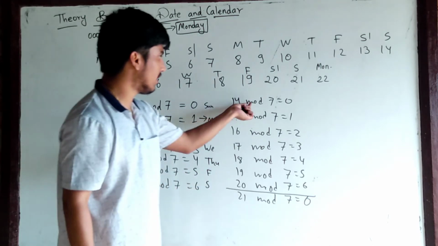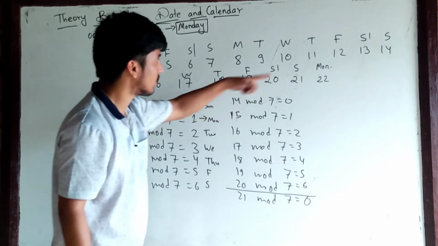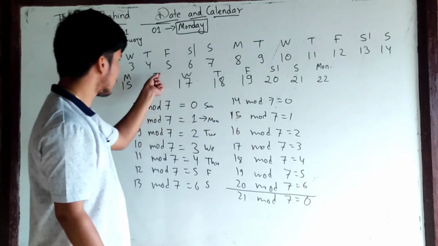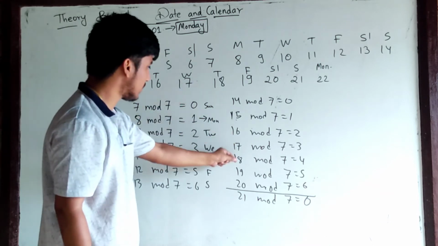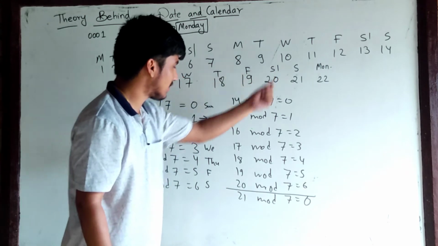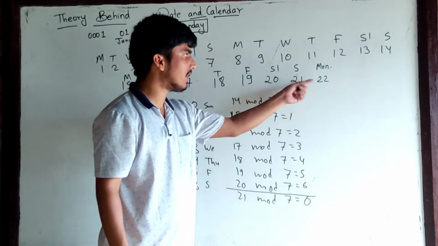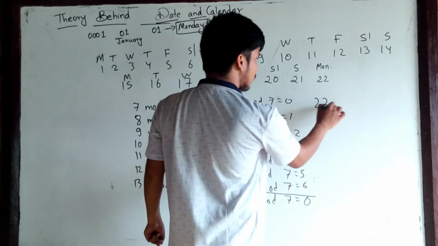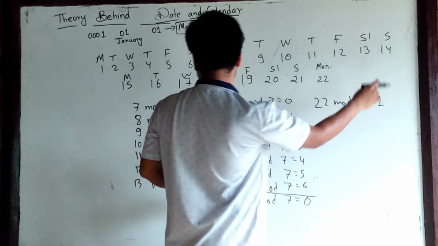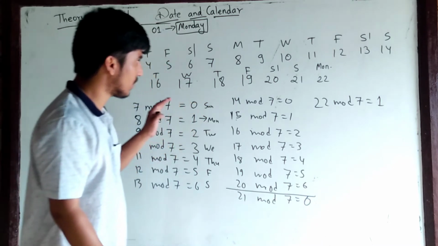The similar goes on here. 14 is Sunday, 15 is Monday, 16 is Tuesday, 17 is Wednesday, 18 is Thursday, 19 is Friday, 20 is Saturday, and 21 again is Sunday. If we divide 22 mod 7, this gives the remainder 1, and 1 again corresponds to Monday.